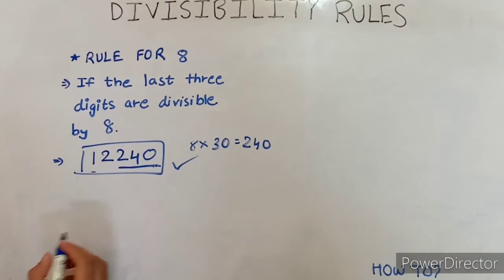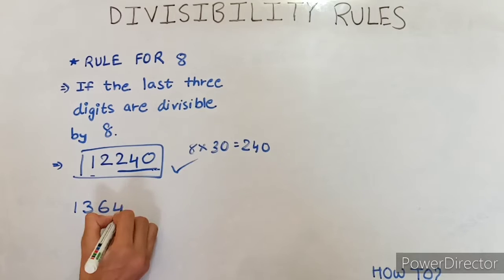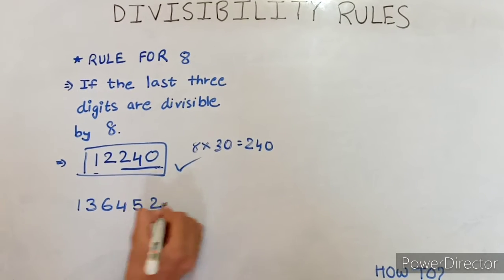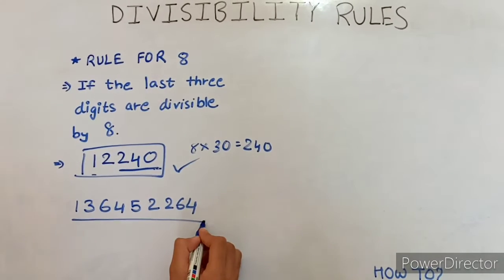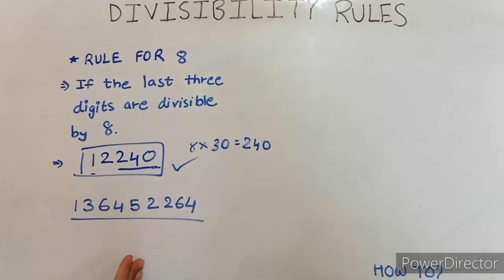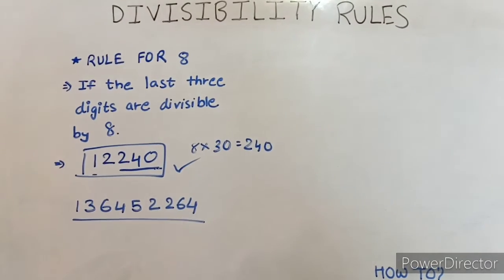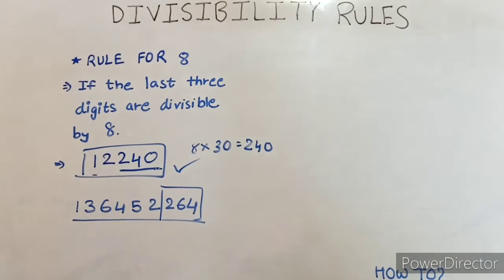Let's take one more example. Let us take 136452264. This is quite a big number. If you are asked to see whether it is divisible by 8 or not, then you can check it by this method. So let's check the last three digits.